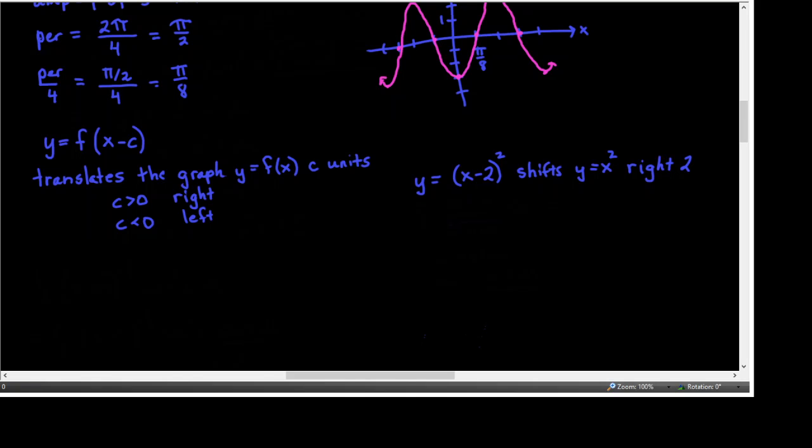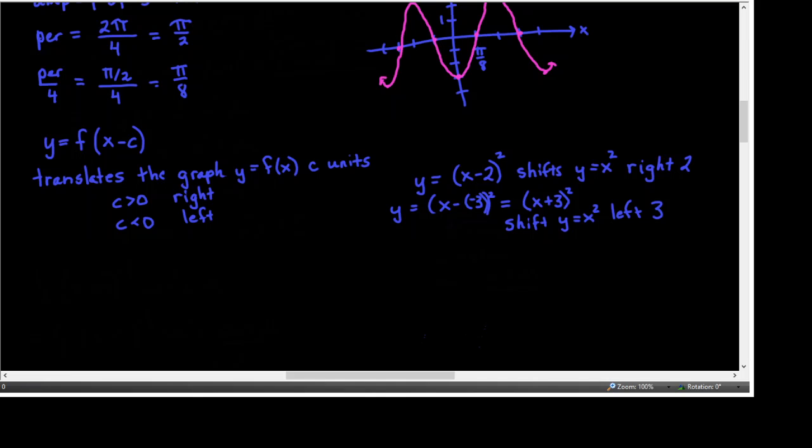Let me show you what that looks like. If I had y equals x minus negative 3, so c is a negative number, right? Well, most of the time you'll see x minus negative 3 written as x plus 3. And that will shift the graph of y equals x squared to the left 3 units.